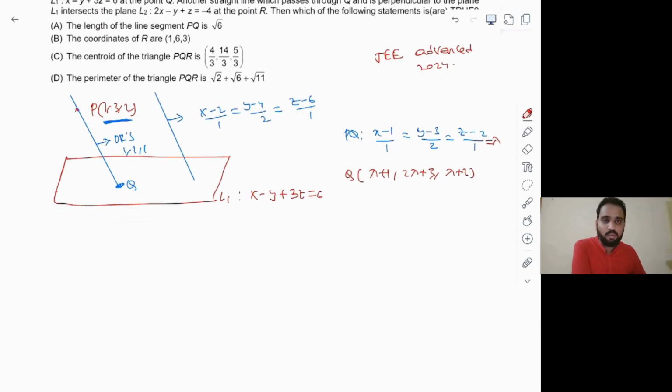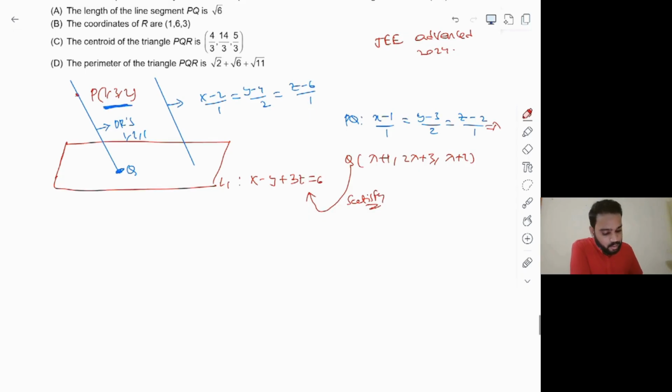Now, what is the main observation here? This point Q is actually lying on this plane, which means it has to satisfy the plane equation. Okay, so this is the proper method to find the point of intersection of a line and a plane. So let us substitute this point and get the value of lambda.